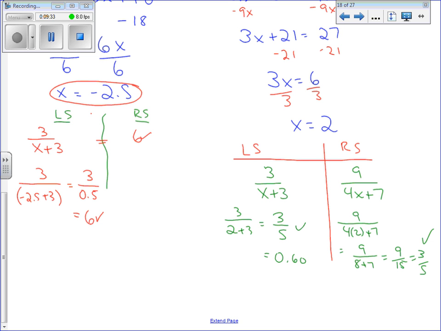Whether you keep it as a fraction or turn it into a decimal is totally up to you. Any questions so far?